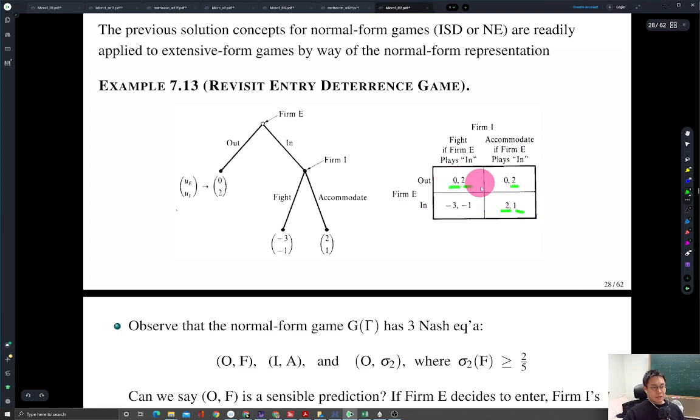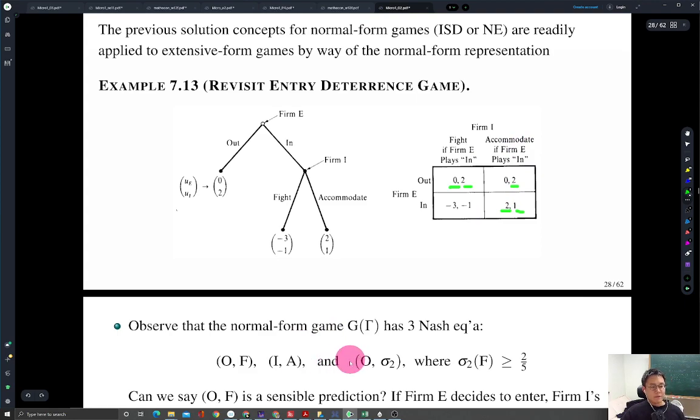So we can easily identify two pure strategy Nash equilibria from these best responses. In the first, the entrant chooses out and the incumbent chooses to fight. In the second, the entrant chooses in and the incumbent responds by accommodating that entry.